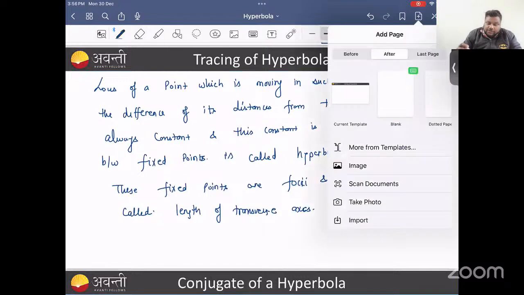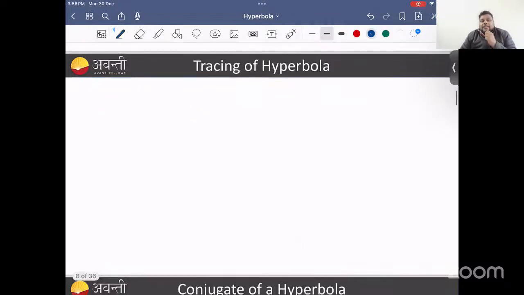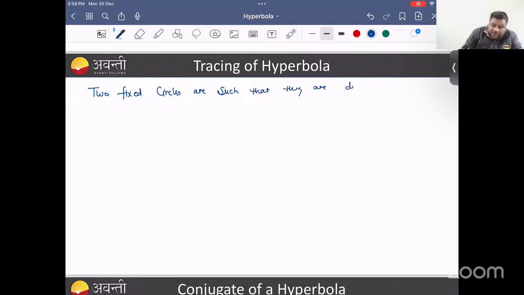There's a question also on this. Right now, I made you remember a question on the ellipse where two circles are like that, one inside the other one. Now, there's another question. Two fixed circles are such that they are distant from each other.